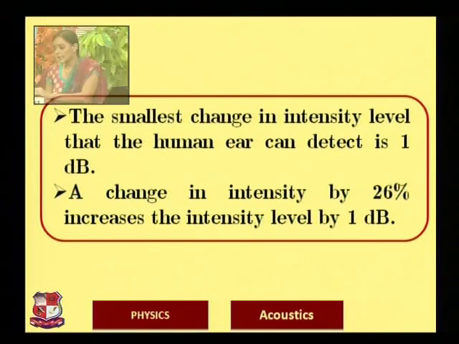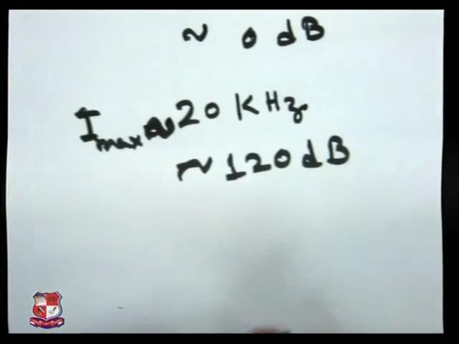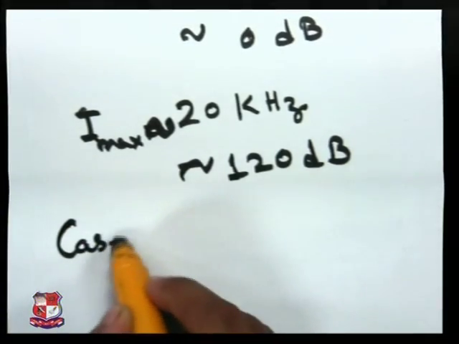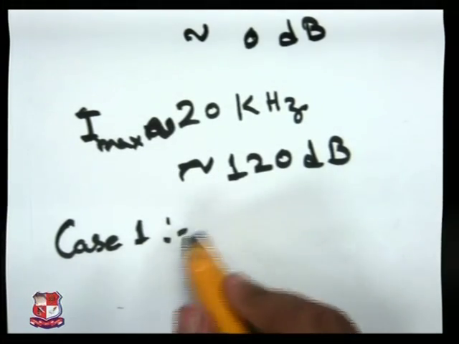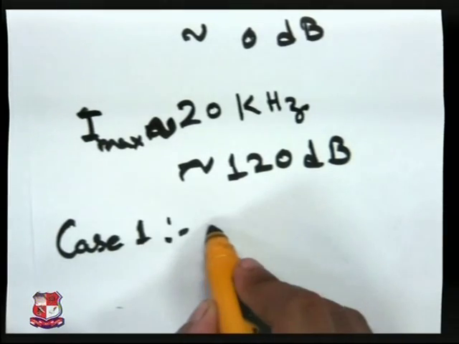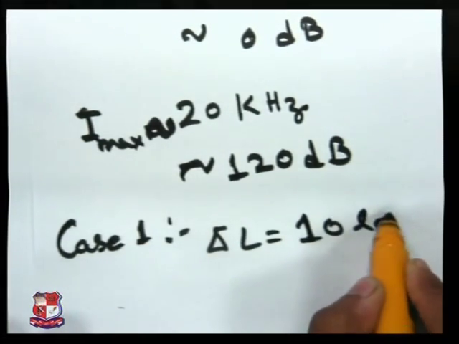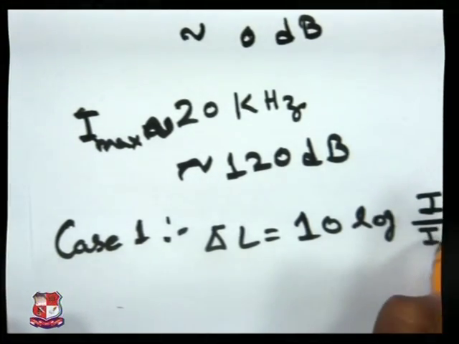We can take again on the tabletop a simple calculation. Case 1: I am putting the values into the same equation, 10 log of I upon I0, right?